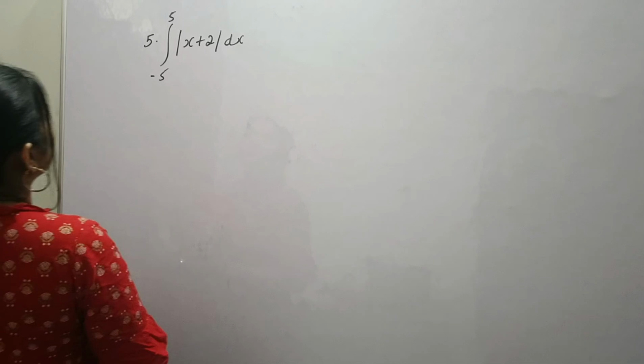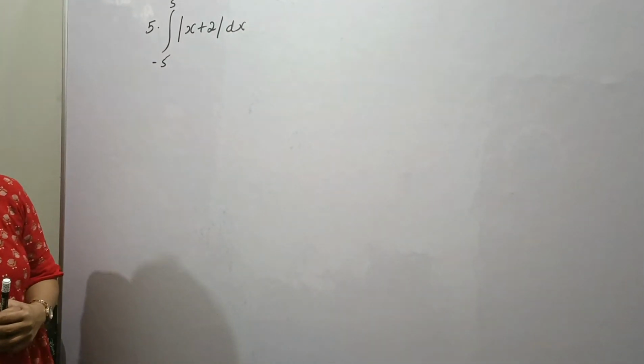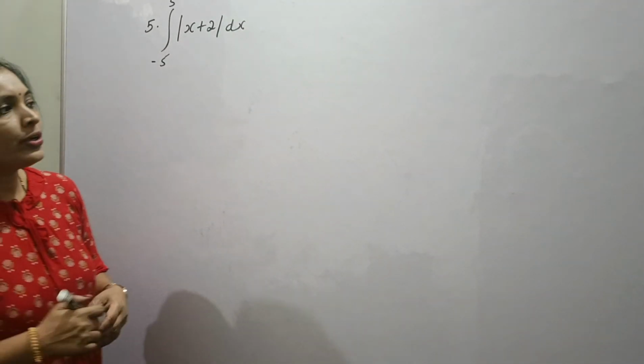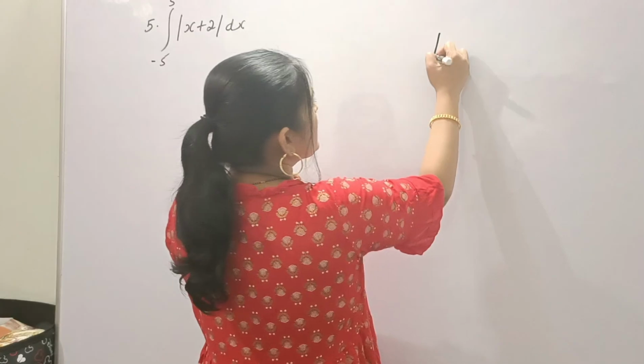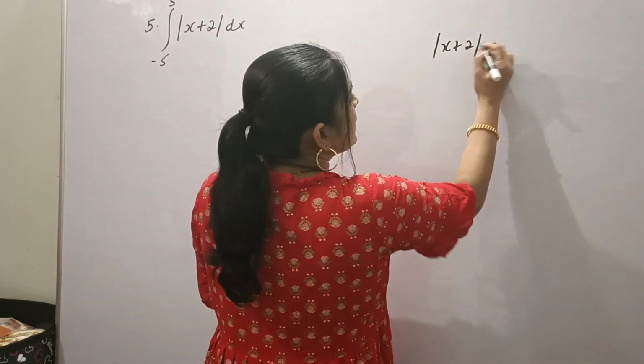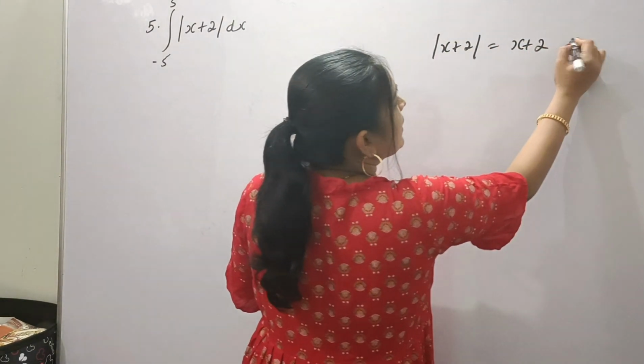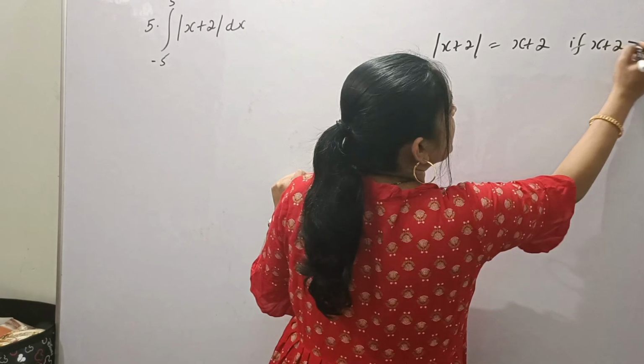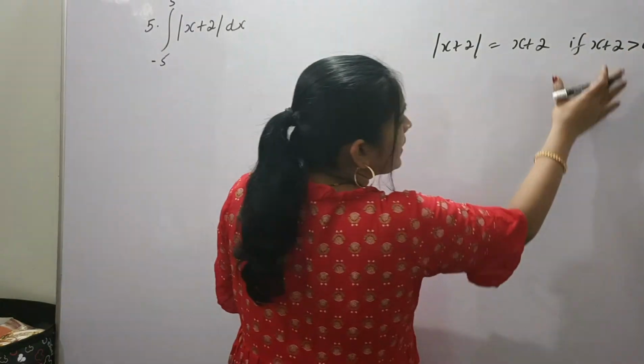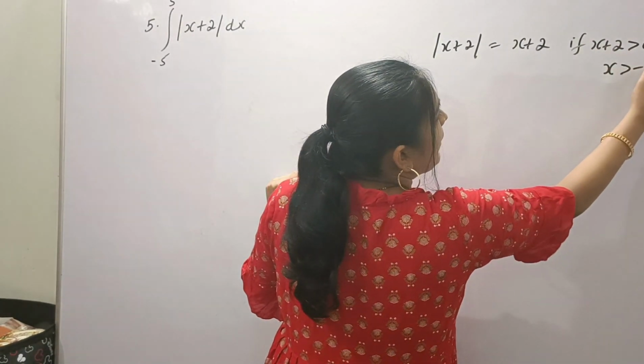Integral minus 5 to 5 modulus x plus 2 dx. See how to define modulus function. Modulus x plus 2 is equal to x plus 2 if x plus 2 is greater than 0, that is x greater than minus 2.